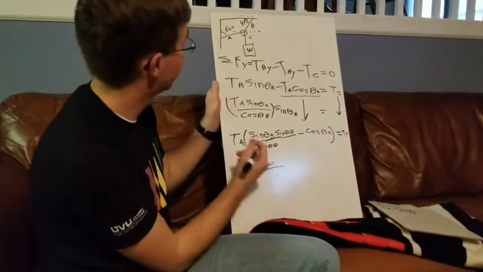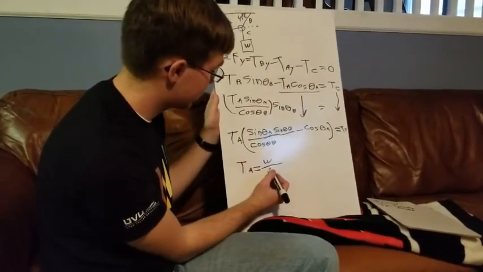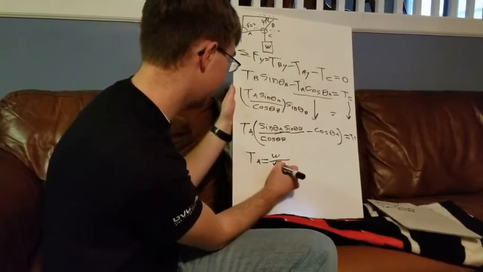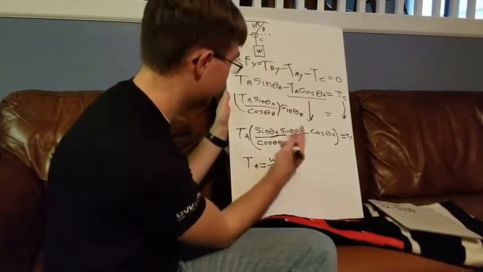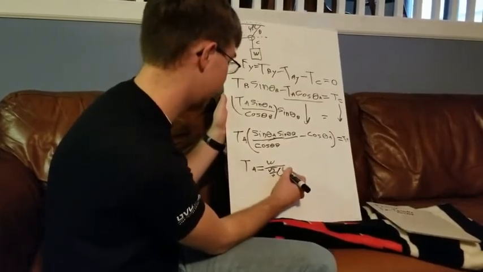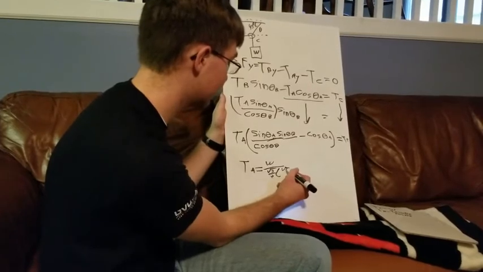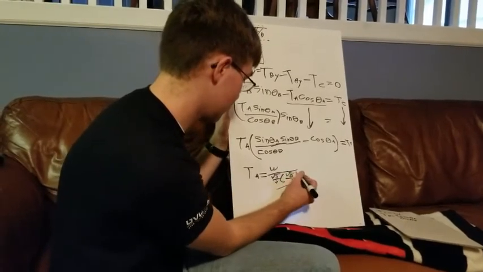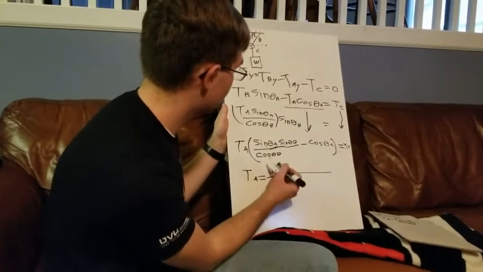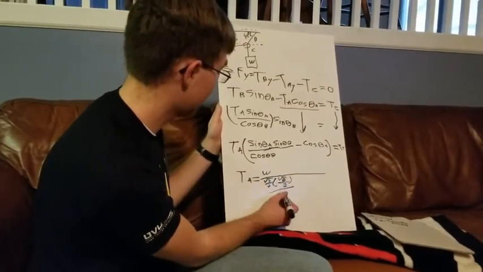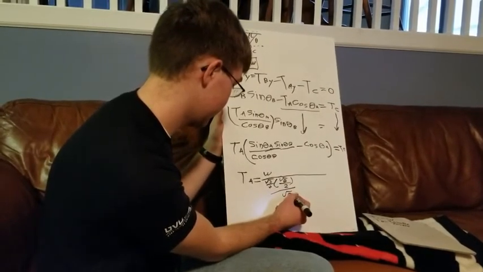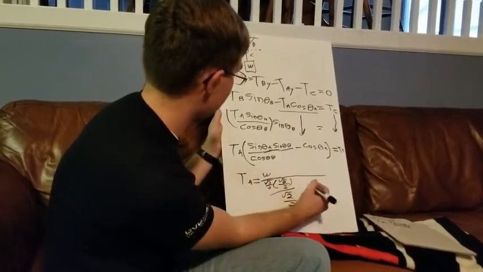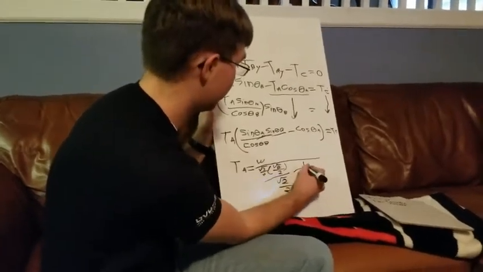So the sine of 60 is square root of 3 over 2 times the sine of B, 45. The sine of 45 equals the square root of 2 over 2. Over cosine of B, which is square root of 2 over 2, minus cosine of A, which equals 1/2.